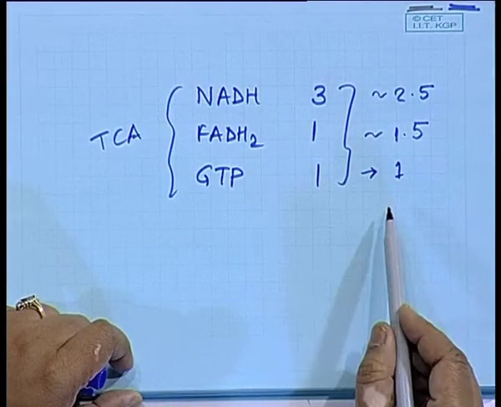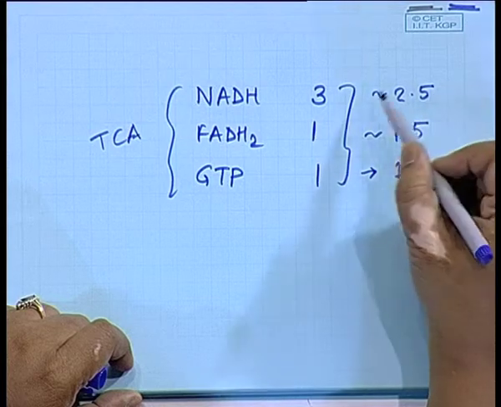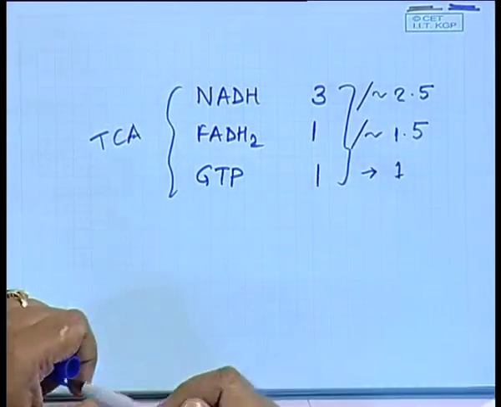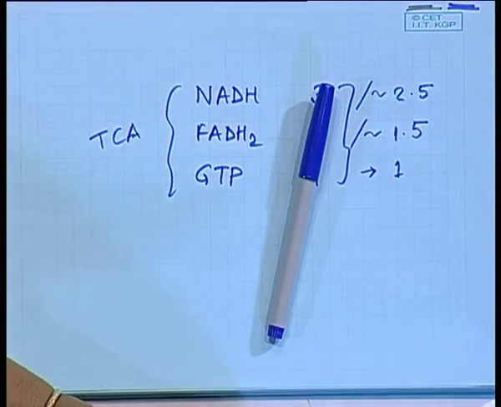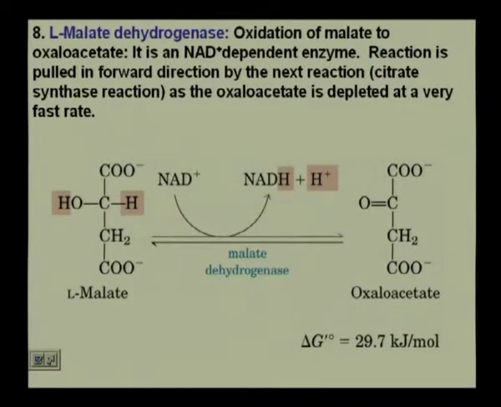That is the energy per NADH. We will get back to the energy calculations once we complete this. So, now we figured out that, because we are back to oxaloacetate, we have 3 NADH produced, 1 FADH2 produced and 1 ATP.